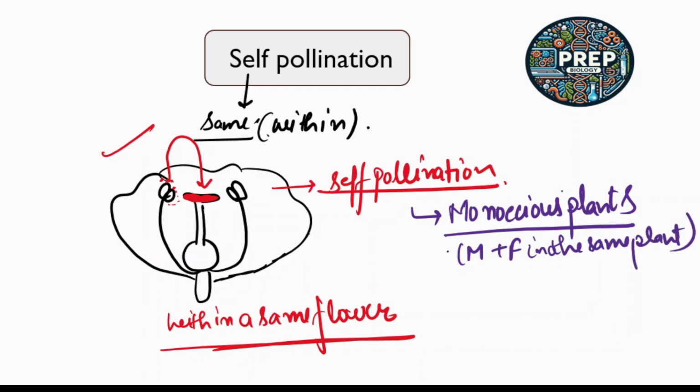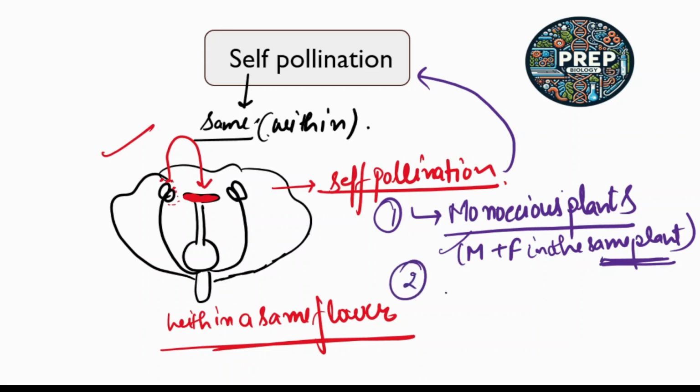Then self-pollination occurs. If they are in different plants, then cross-pollination occurs. So the transfer of the pollen grains from anther to the stigma on the same plant, that process is called self-pollination. So the first condition is it should be a monoecious plant.